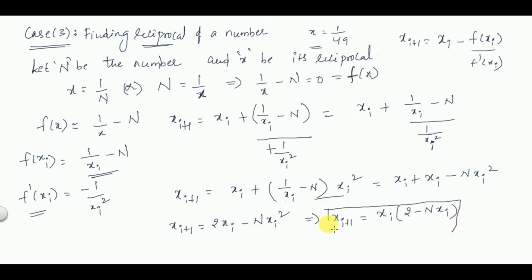This is the formula which you have to remember for case 3, that is finding the reciprocal of a number. For examples like finding x is equal to 1 by 49, or x minus 1 by 49 is equal to 0, if they give this, directly substitute 49 in the place of n.